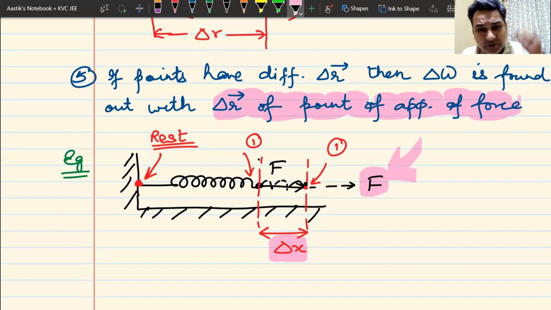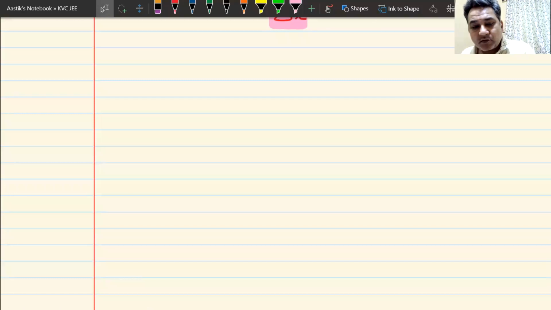So remember, work done is F dot delta R, where delta R or dr is the displacement of the point of application of force. How much the point of application of force has moved, that displacement is used to calculate the work done by that force. I hope you have noted this thing down together with the diagram. Yes or no? I hope the answer is yes.